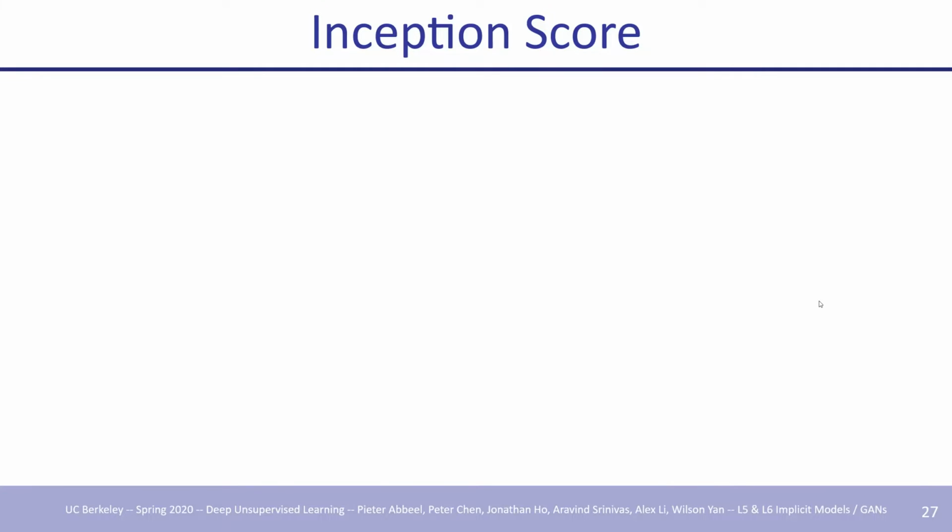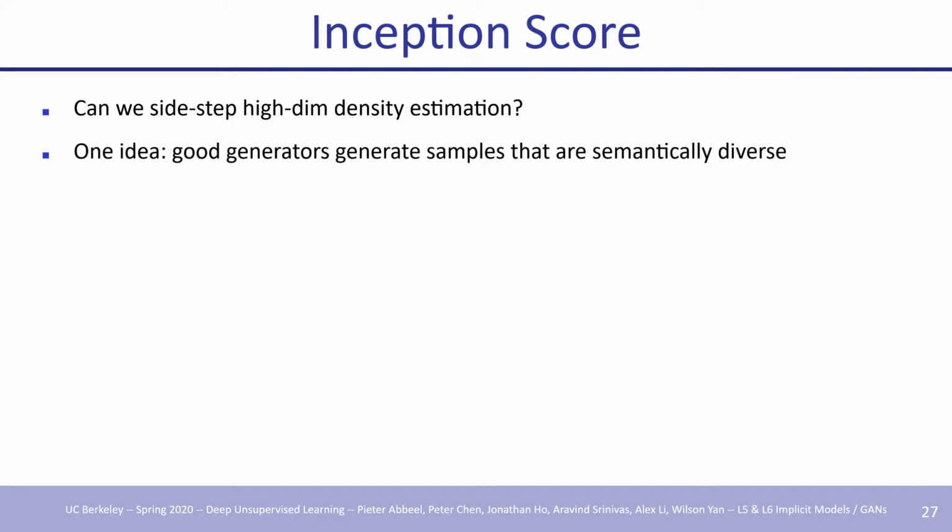The next idea is pretty out there. So instead of going into this high dimensional space, because we have all sorts of problems in high dimensional space, can we just do something else? The idea is that a good generator should generate samples that are semantically diverse.